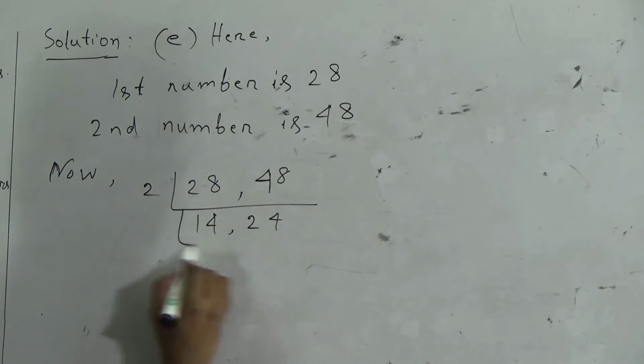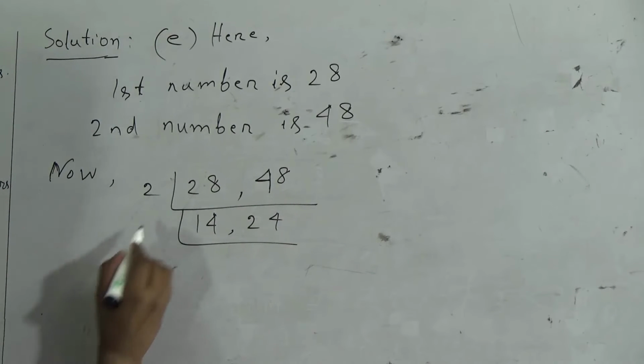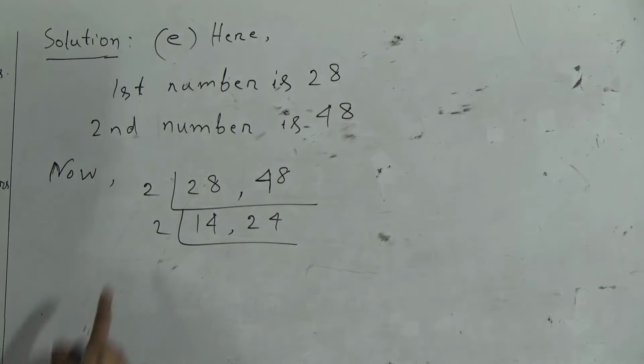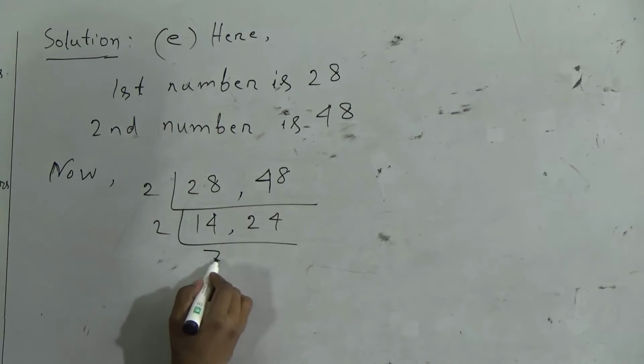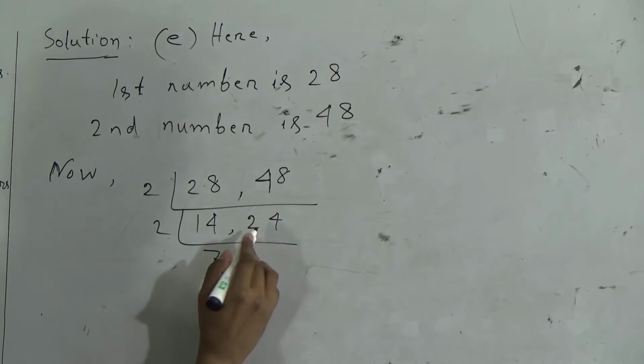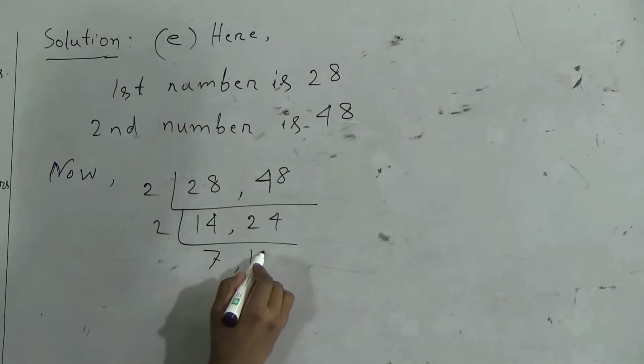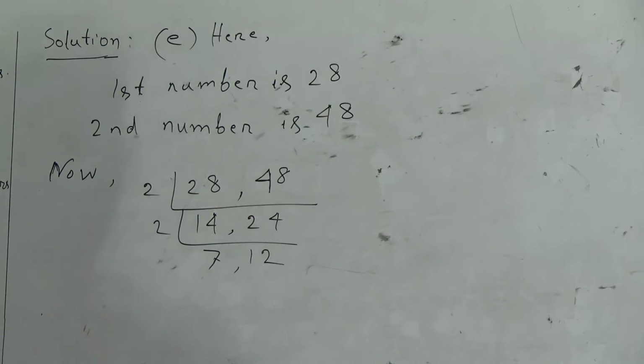Again we can divide these two numbers by 2, so we'll take 2 here again. 2 sevens are 14, 2 twelves are 24. Now we cannot take any prime number by which 7 and 12 will be divisible.